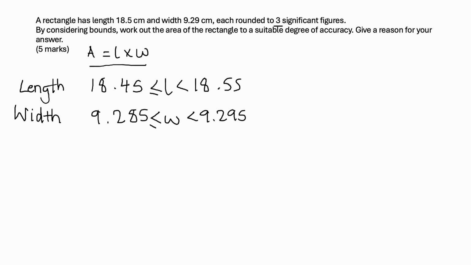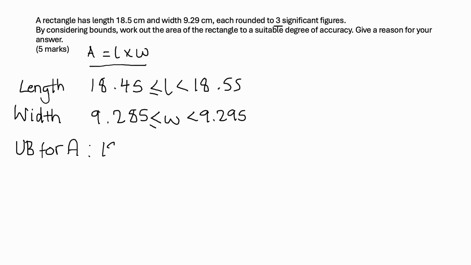Okay, so as we mentioned, area is equal to length times by width. So to work out our upper bound for area, essentially to work out the highest possible value for our area, we need to times the upper bound of the length by the upper bound of the width.